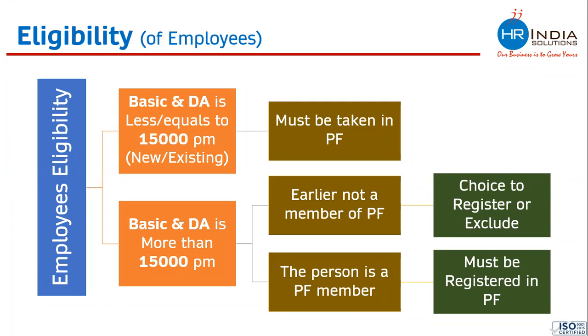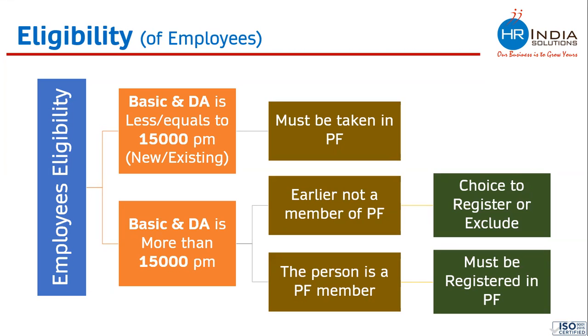As an employer, you can always find whether the person was earlier a member of PF or not by entering his details while registering any employee into provident fund. The very first question which the PF website asks you is whether the employee was earlier a member of PF or not. If you say no and try to register him, you will get all his details by entering his Aadhaar card.